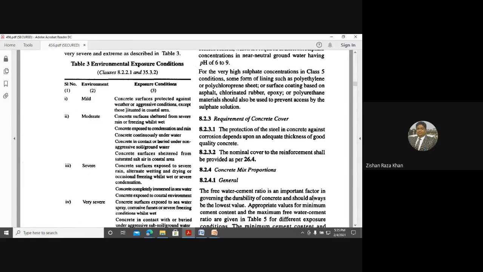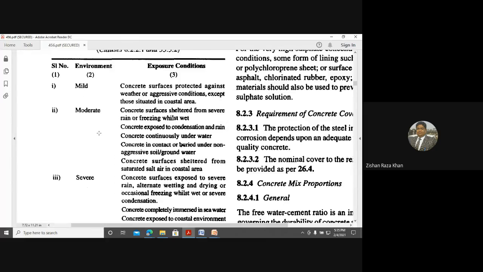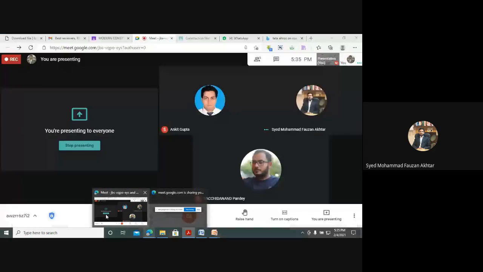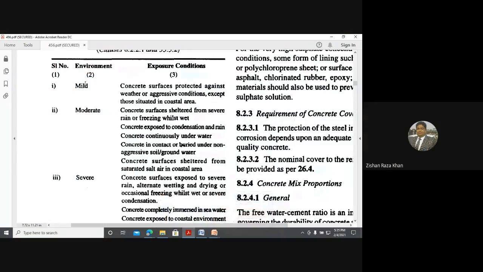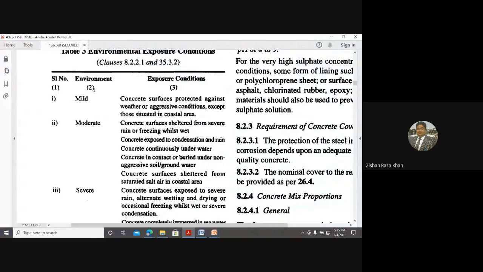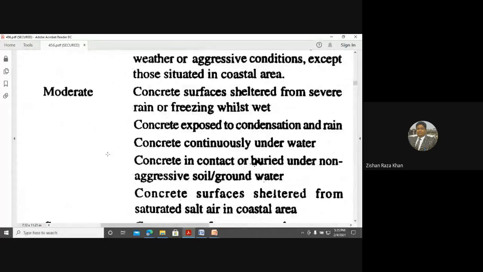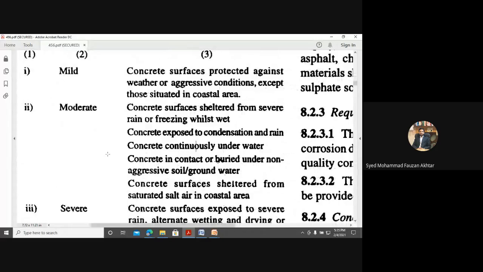Can you see the table? Yes, we can see the table. Okay. Now the table in IS 456 is not visible. Now it is visible.